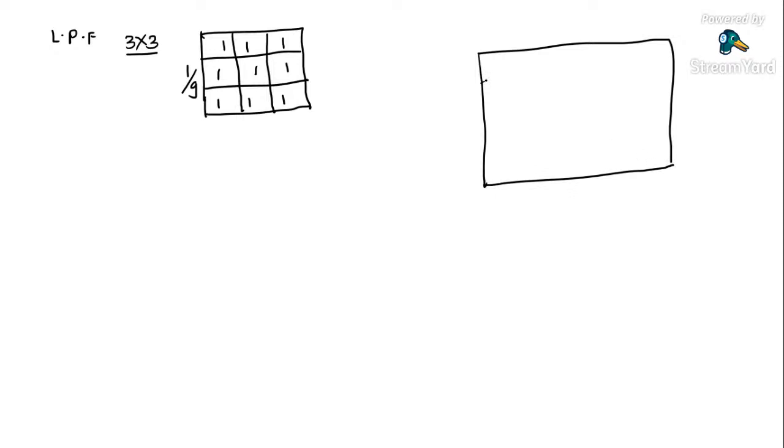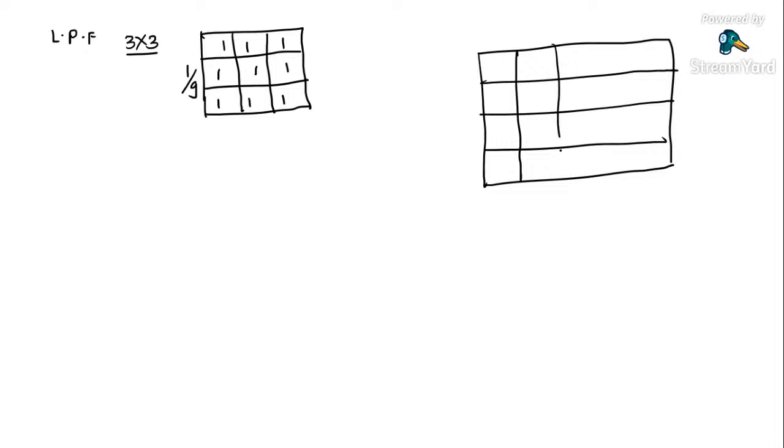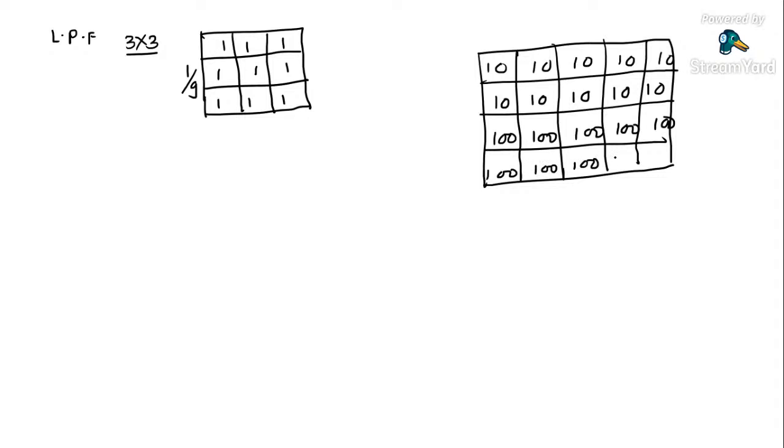Here it is 10 10 10 10 10 10, and here it is 100 100 100 100 100 100, correct? So here you can see this is the low frequency region, and this is the high frequency region, correct?